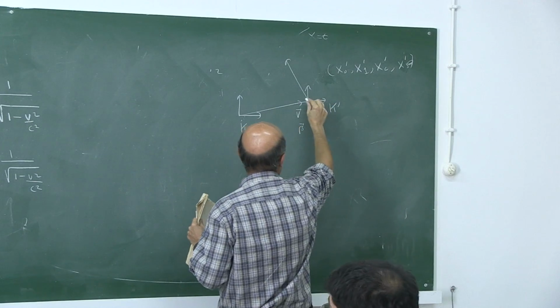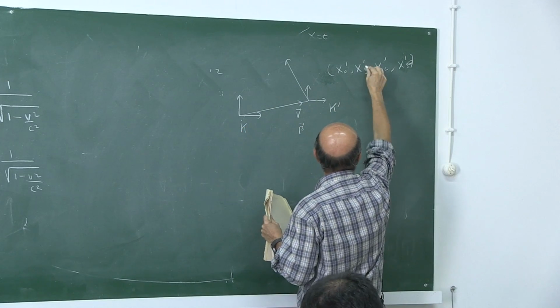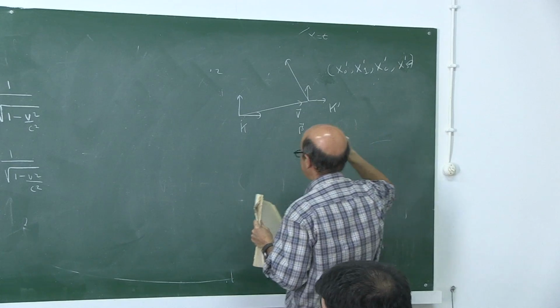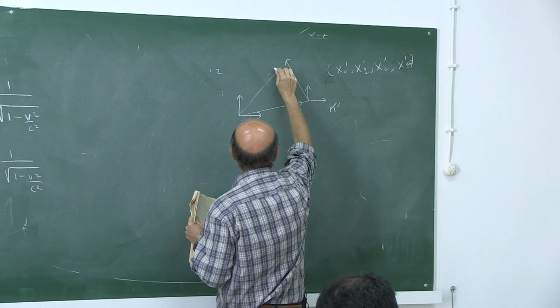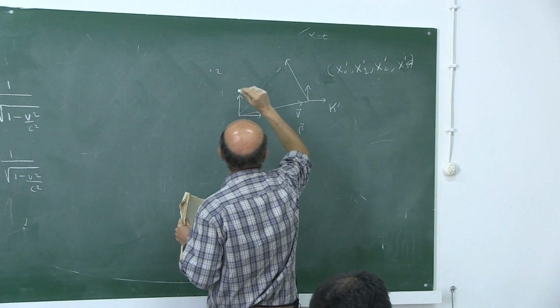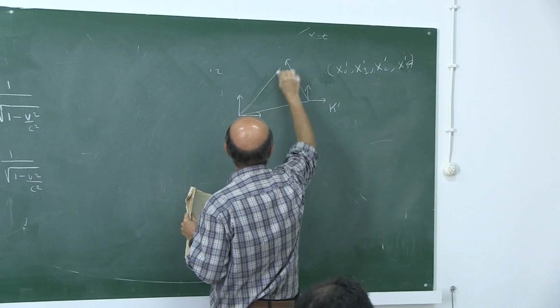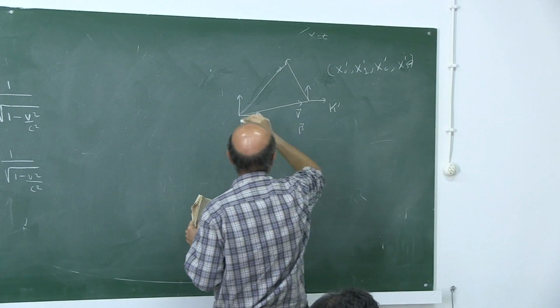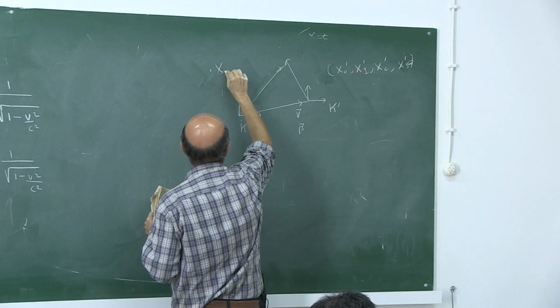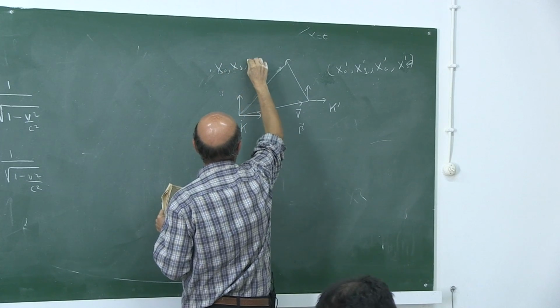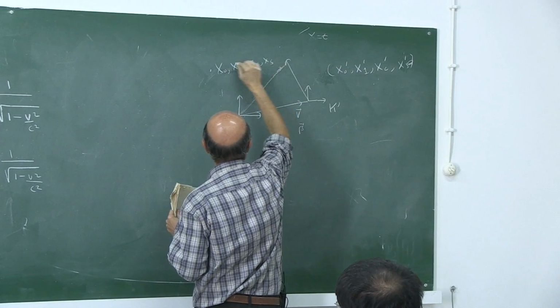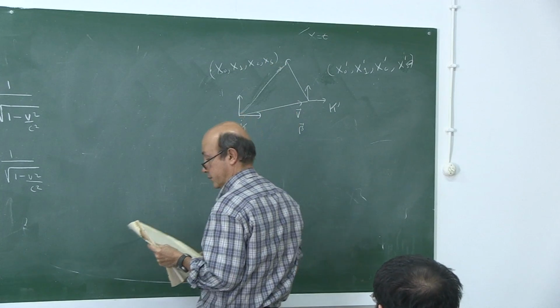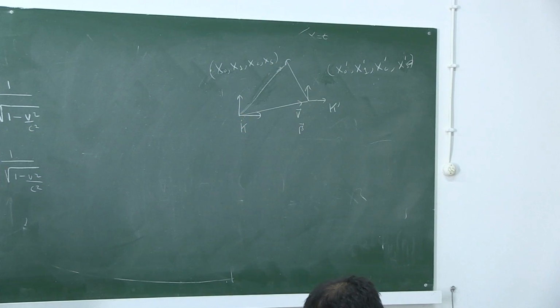With respect to the k prime observer, we have x0 prime, x1 prime, x2 prime, and x3 prime. With respect to the k observer, you can write this 4-dimensionally. That is nothing but x0, x1, x2, and x3. So this is the Lorentz transformation of the time coordinates.